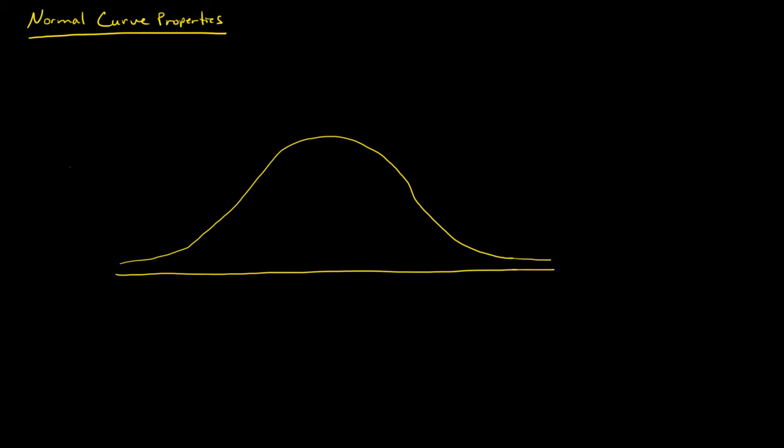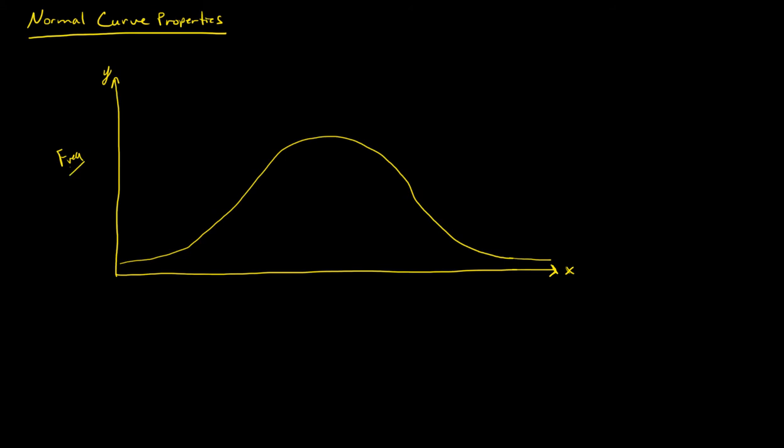This normal curve is happening on the x-axis. This is the x-axis here, and this is a poorly drawn y-axis, but here's a y-axis, and this y-axis represents frequency.